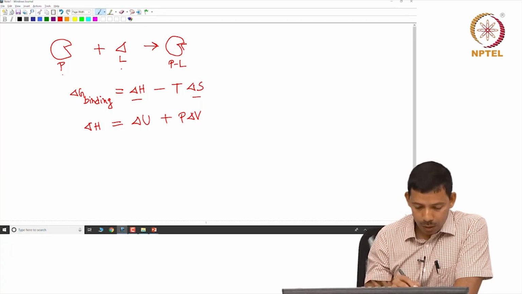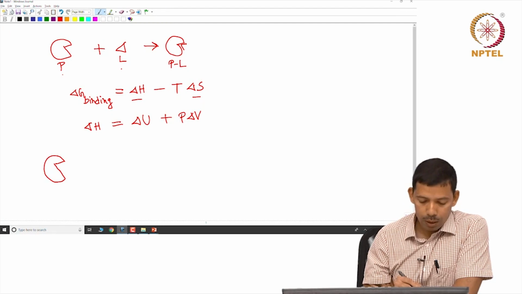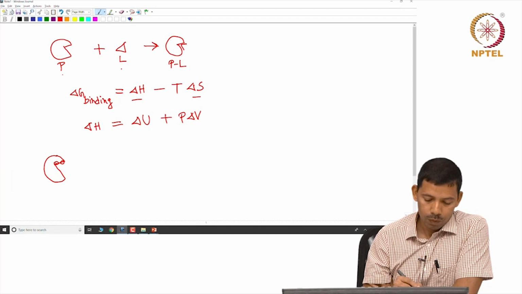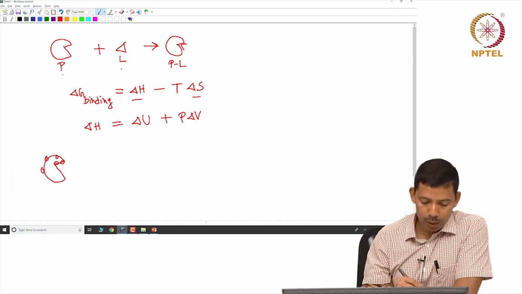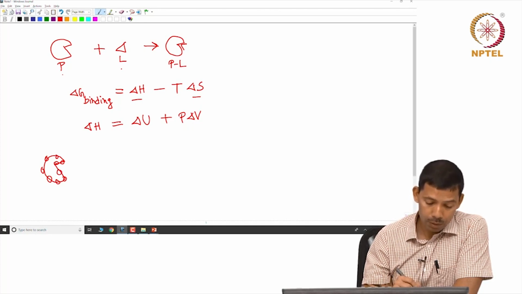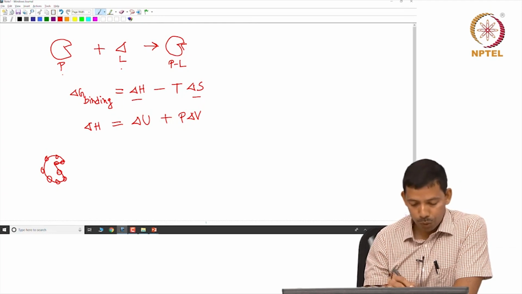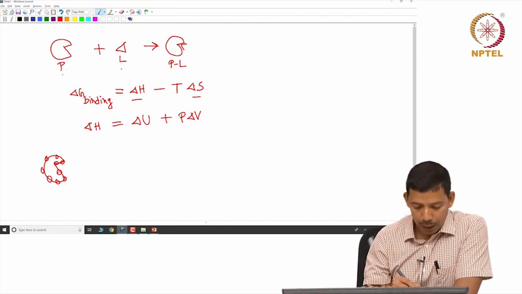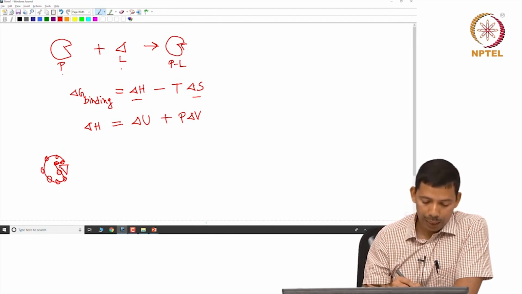It considers that this protein is composed of amino acids, and each amino acid is composed of many atoms, carbon, hydrogen, oxygen, the peptide bond, and so on. It also considers that my ligand has atoms that make up the ligand molecule.